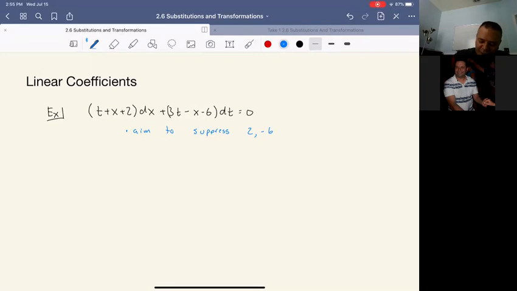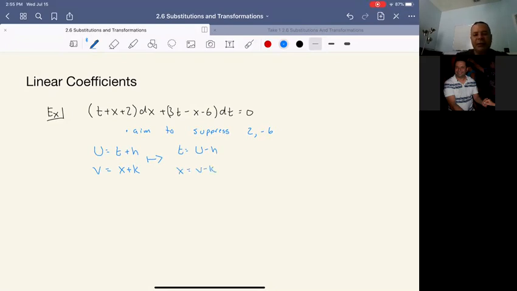Okay, so let's let u equal t plus h and v equal x plus k. That means t equals u minus h, x equals v minus k.